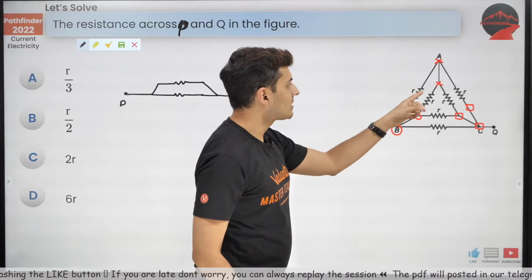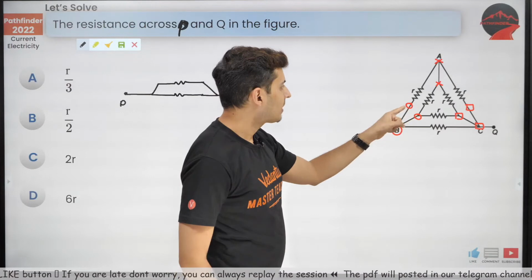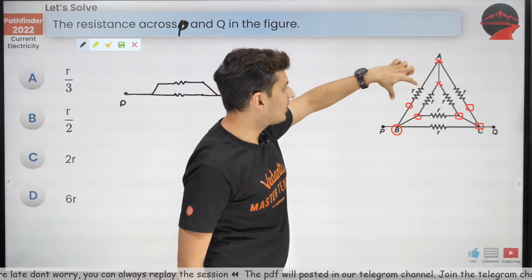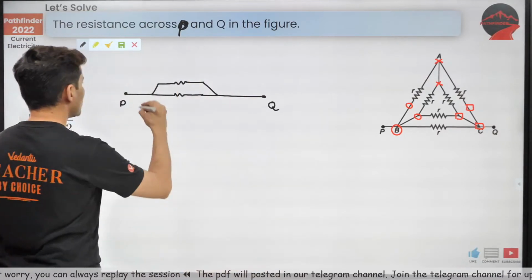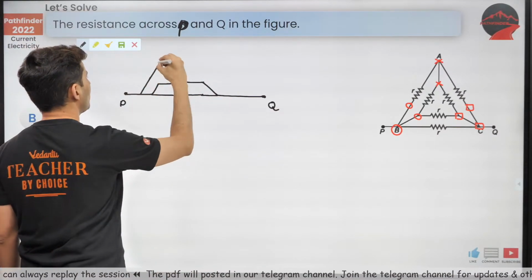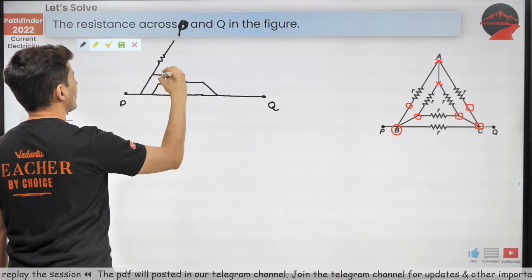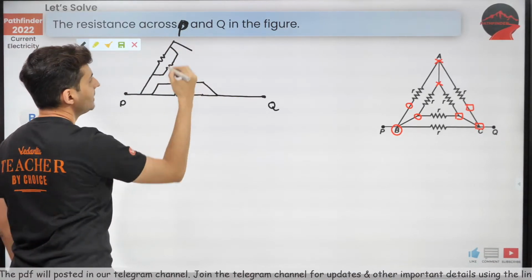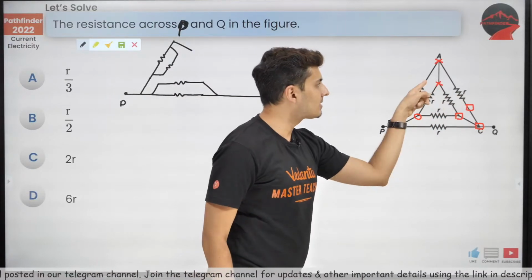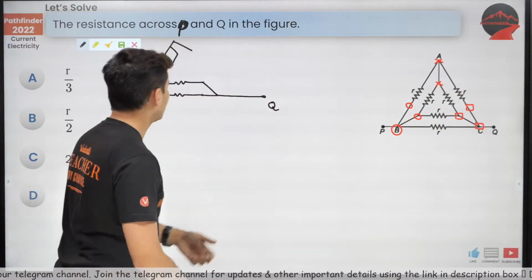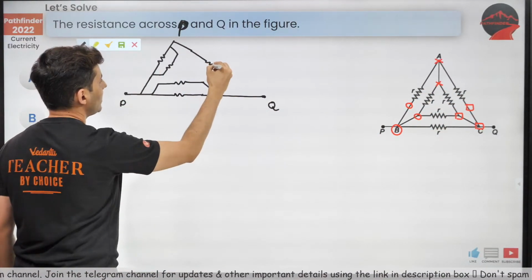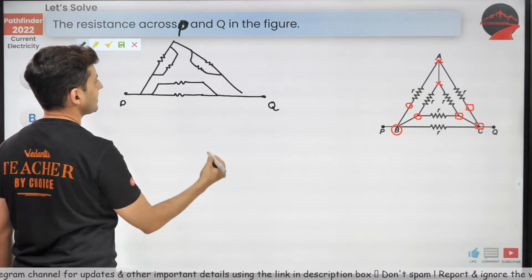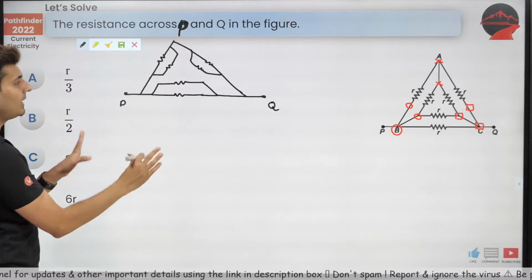Now these two resistors are also in parallel because voltage difference across this and this is same. So I can also write it probably like this, and I can just show another resistor here. And from this point, again these two resistors are having same voltage difference, so they are again in parallel. So just put these two like this. Now that is the equivalent circuit.